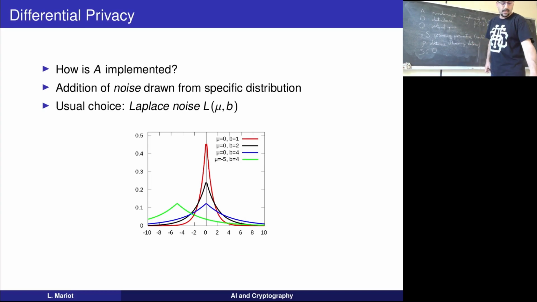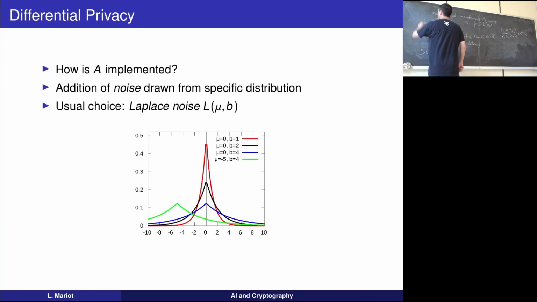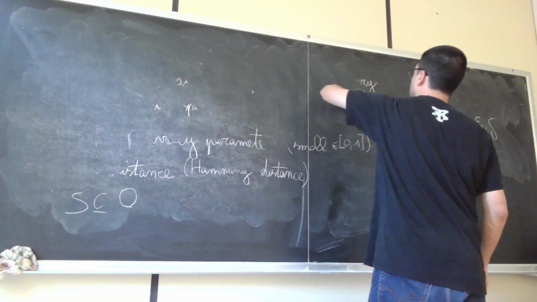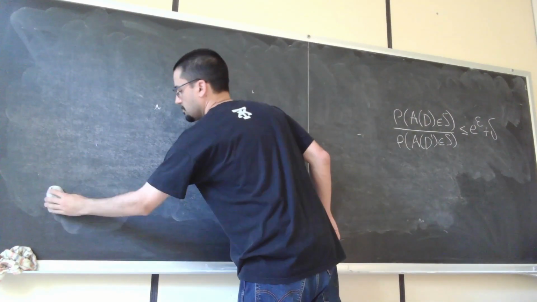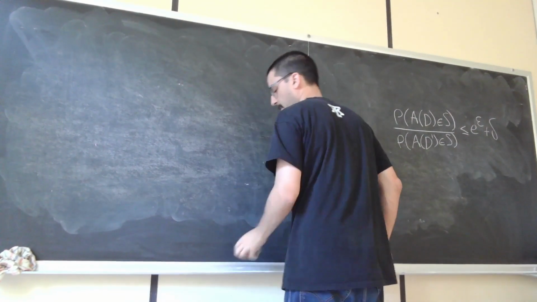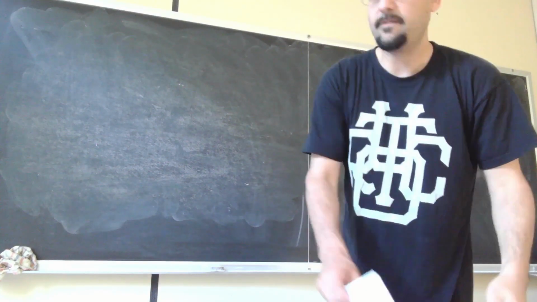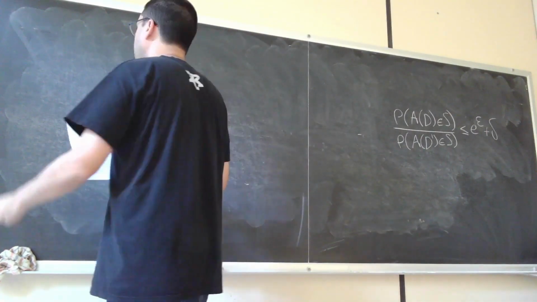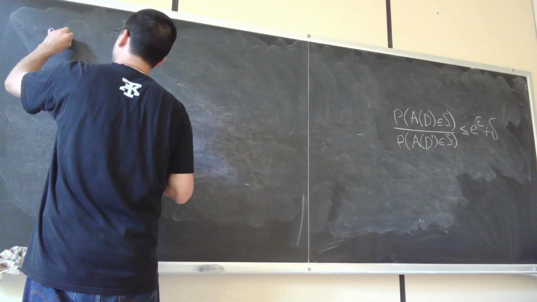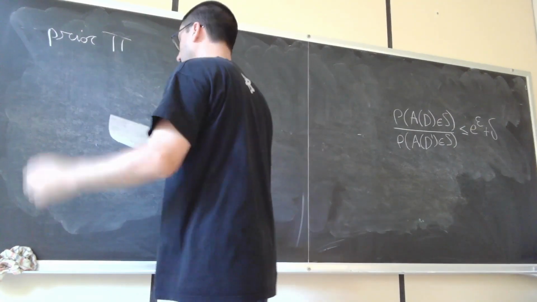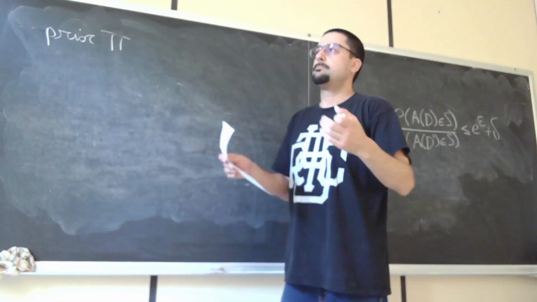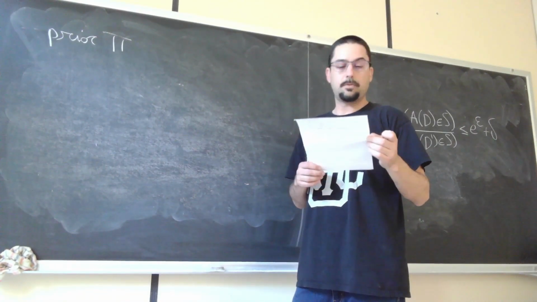So suppose that we have a particular prior distribution pi, which is a distribution over the possible answers to our query.